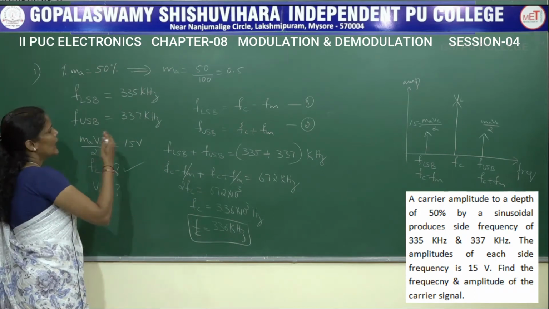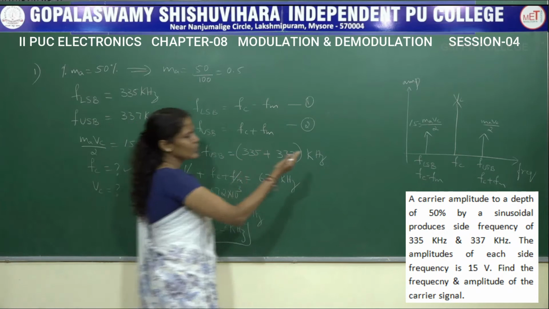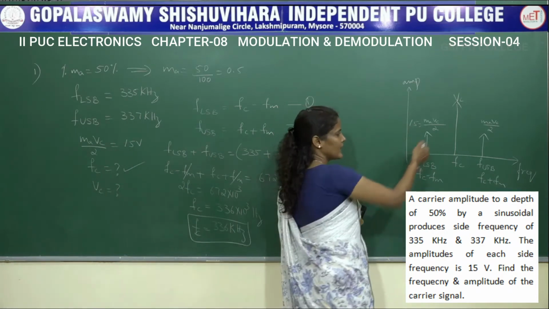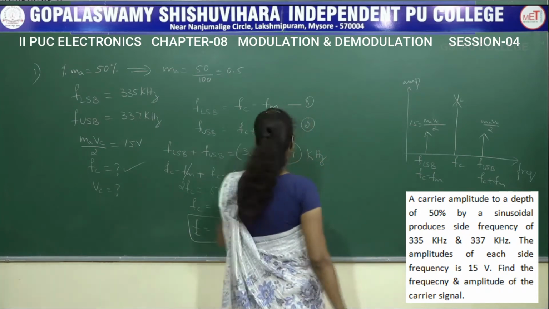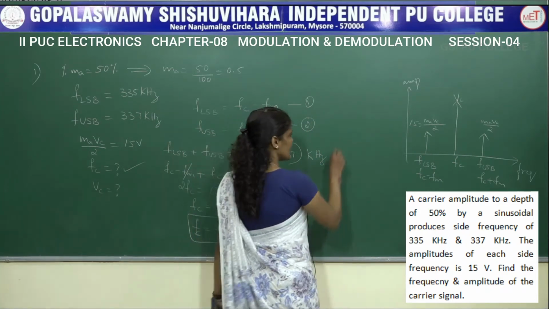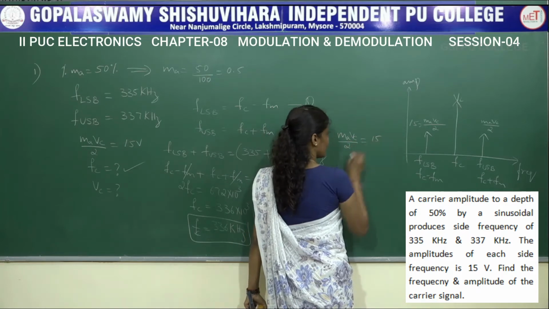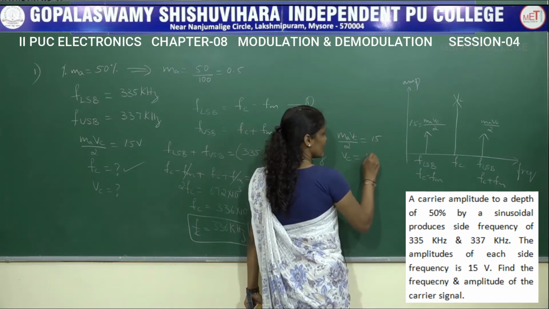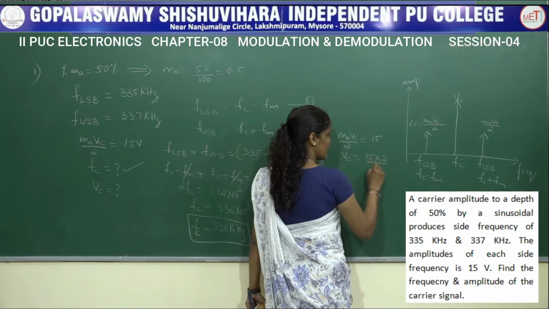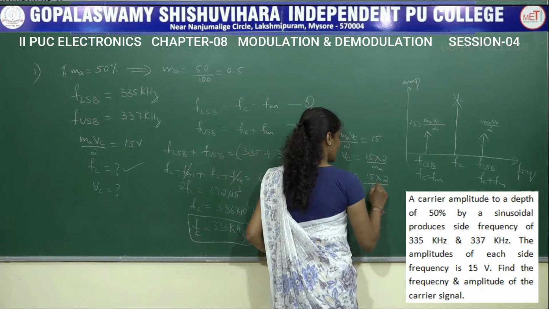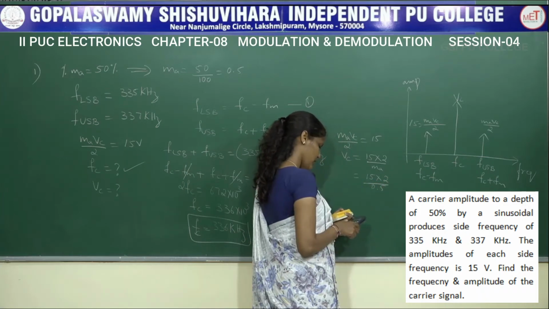Now, MA into VC by 2 is equal to 15, which is given to us. Here I have to find out the VC value where the MA value is given. So, MA VC by 2 is equal to 15. VC is equal to 15 into 2 divided by MA, that is 15 into 2 divided by 0.5, which gives me 60.